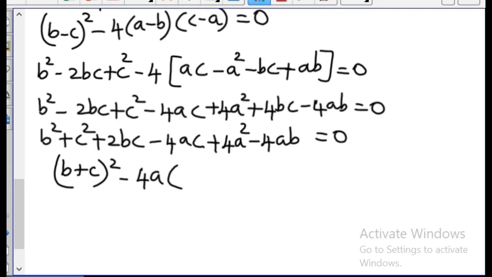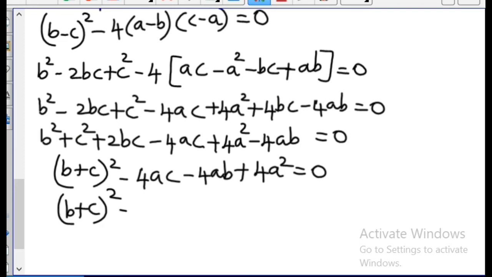So next step, I keep 4 outside: 4ac minus 4ab plus 4a squared equal to 0. Now this can be written as b plus c whole squared minus, take minus outside. Next a is also common, you can take it outside. So b plus c plus 4a squared equal to 0.